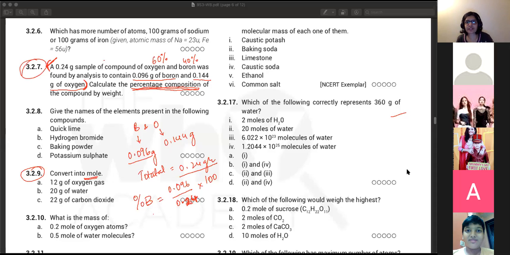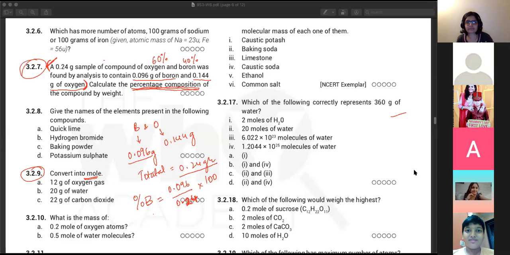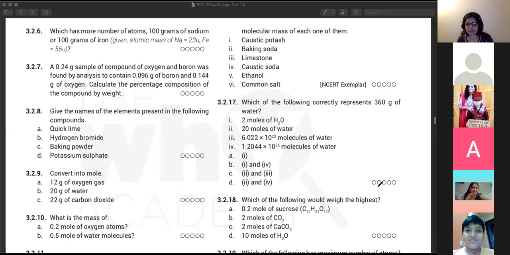Yeah, Ritvik, Vishal. No problem, Vasudha.